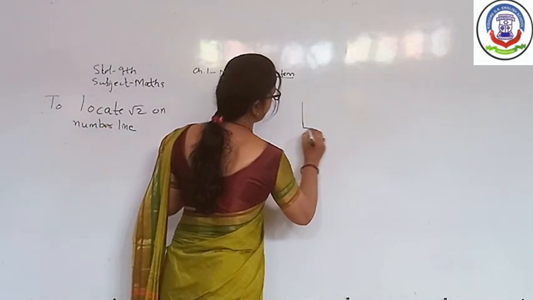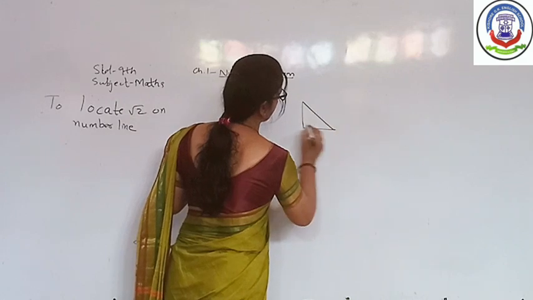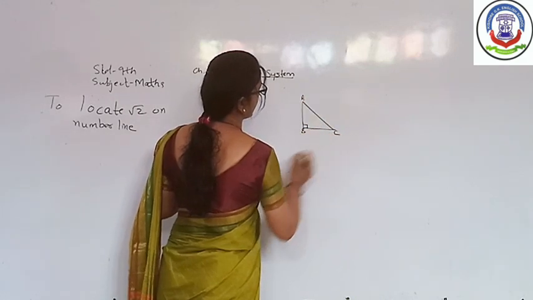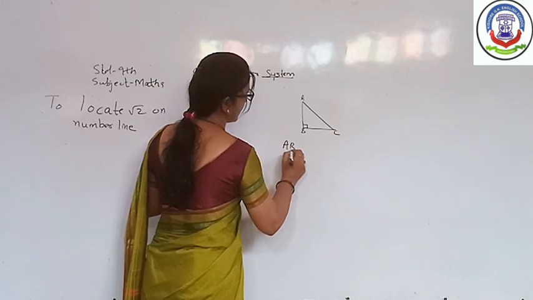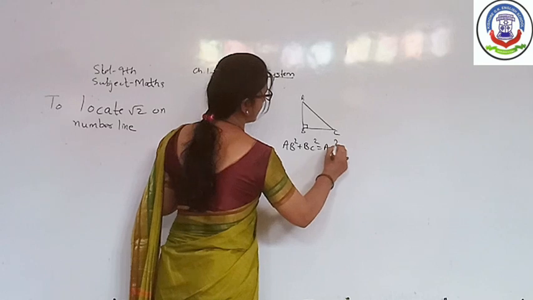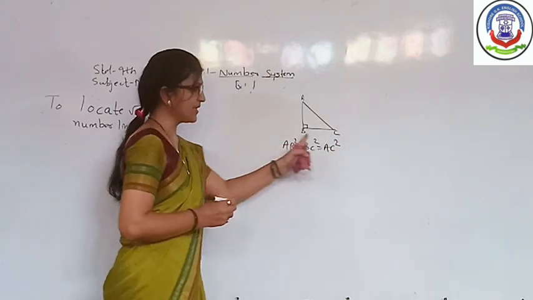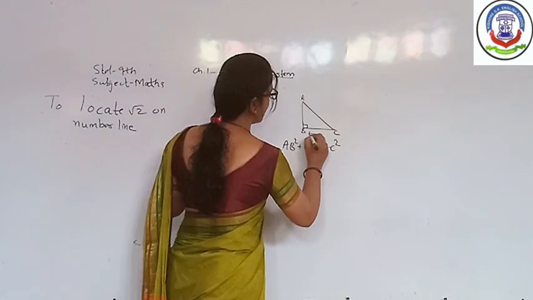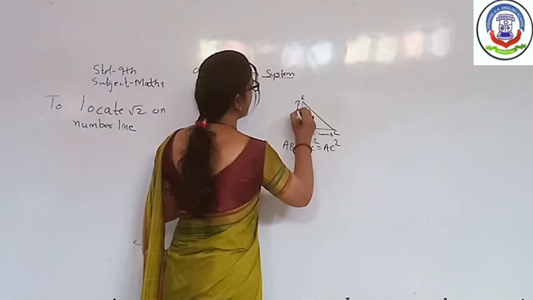In a right angle triangle, AB square plus BC square is equal to AC square, where AB and BC are the two sides which form the right angle. Suppose AB is 1 unit, BC is also 1 unit.